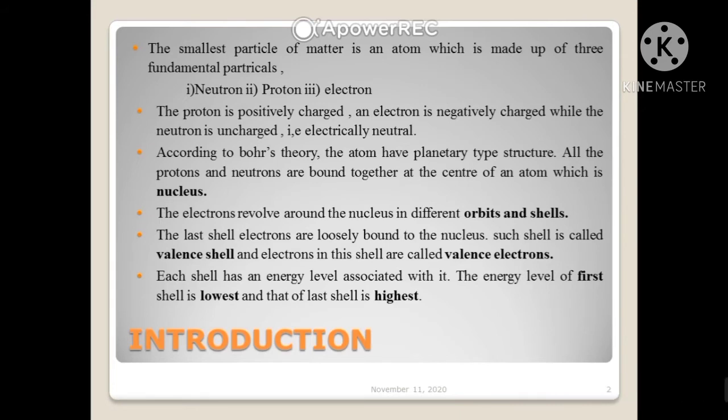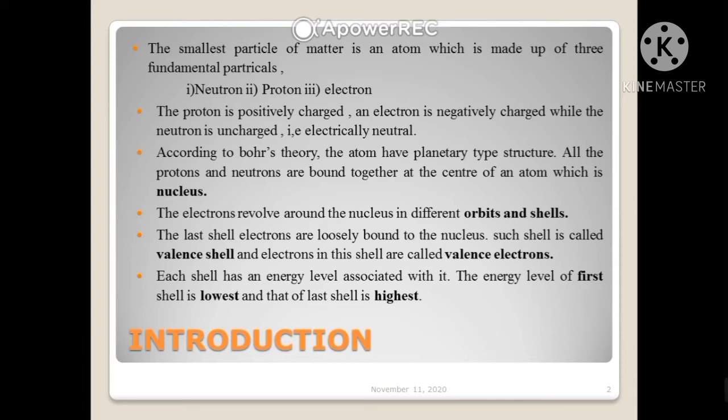Electrons revolve around the nucleus in different orbits and shells. An orbit is nothing but a repeating path; the path will be repeating. So proton and neutron are bound together at the center of an atom, that is the nucleus, whereas electrons revolve around the nucleus.